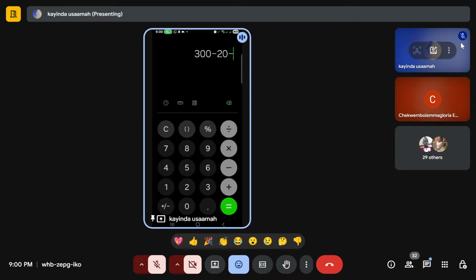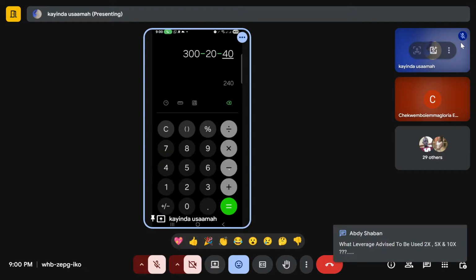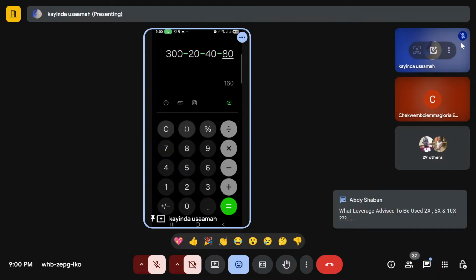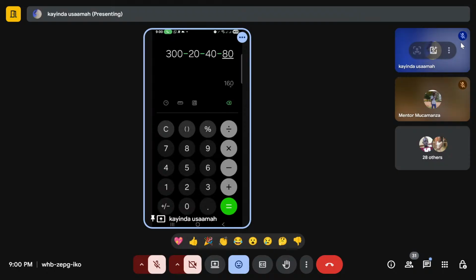The first margin call is doubling, it's using $40. The second margin call is doubling, it's using $80. That means the fourth margin call will use 160. No, actually not even the fourth margin call. First buy amount, first margin call, second and third. That means you're only having 3 margin calls.